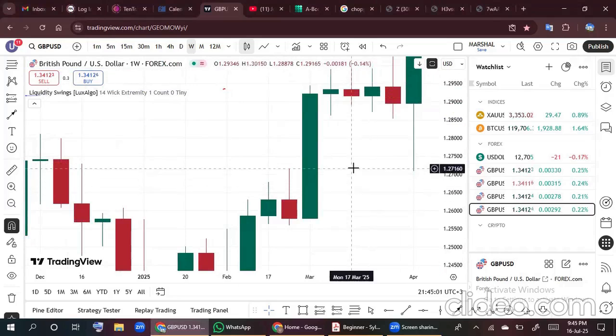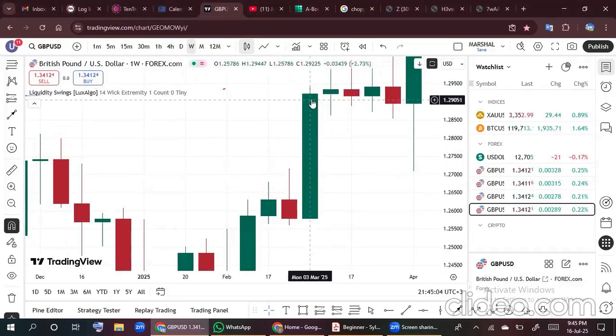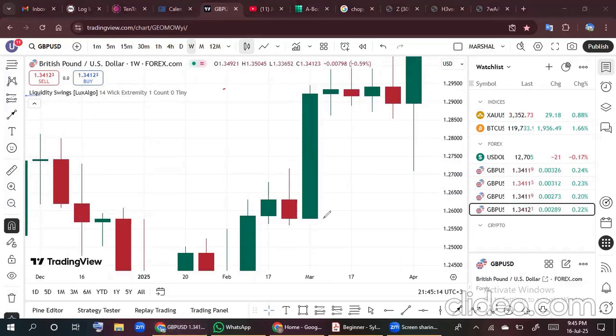Now, for a bullish candle it is different. The open is down, this is the open, and this is the close. This is the body of the candle.